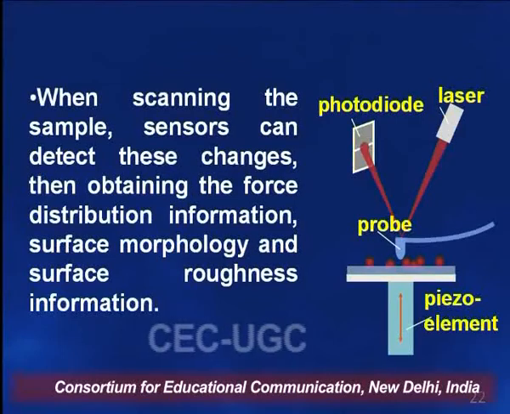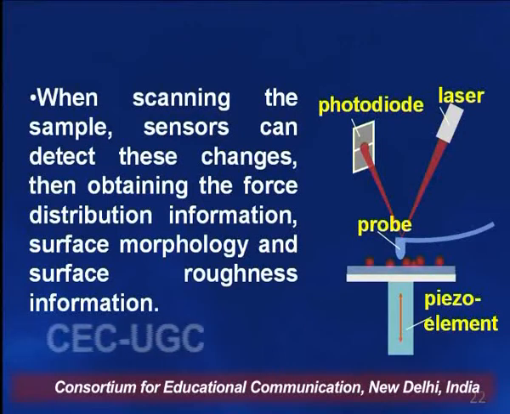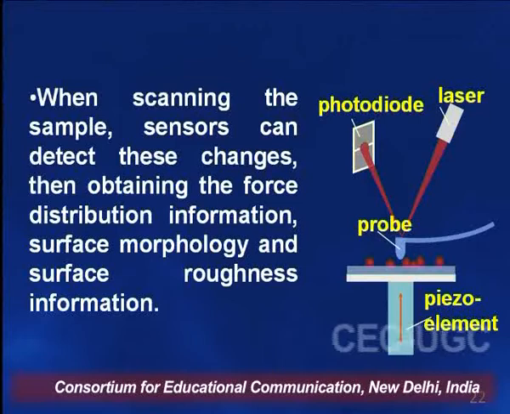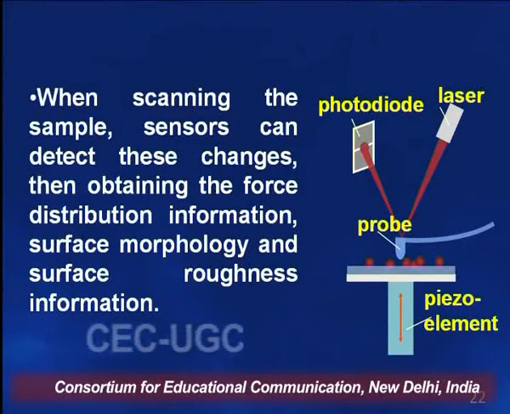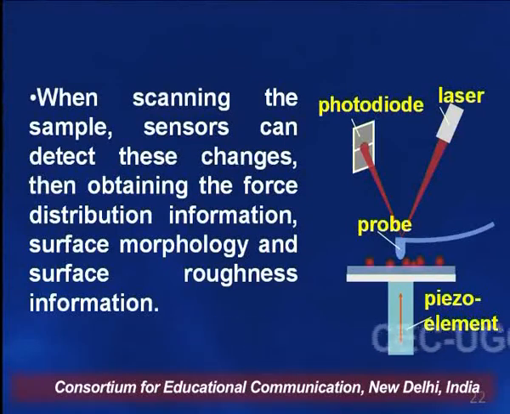Now when scanning the sample, the sensor can detect these changes: how the laser beam forces the probe, how the probe scans the surface, and how the force between the probe and the sample changes, and that is recorded.